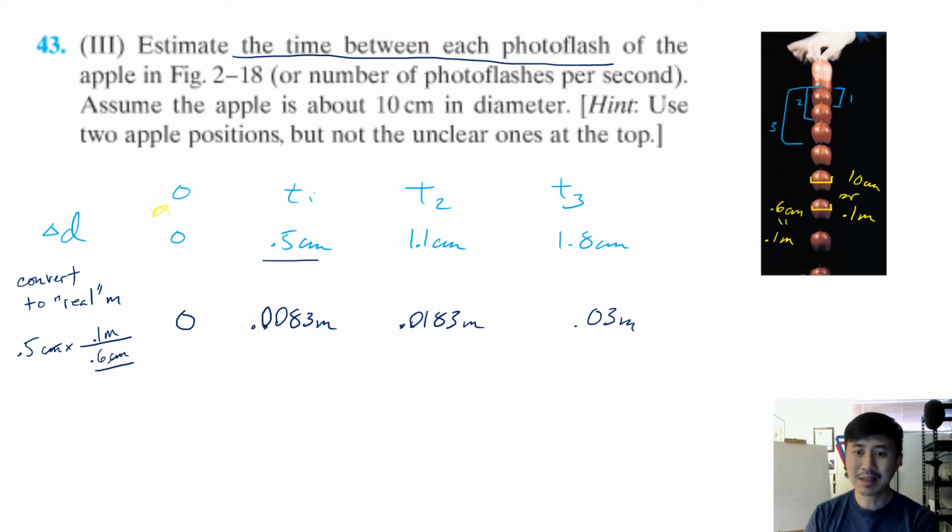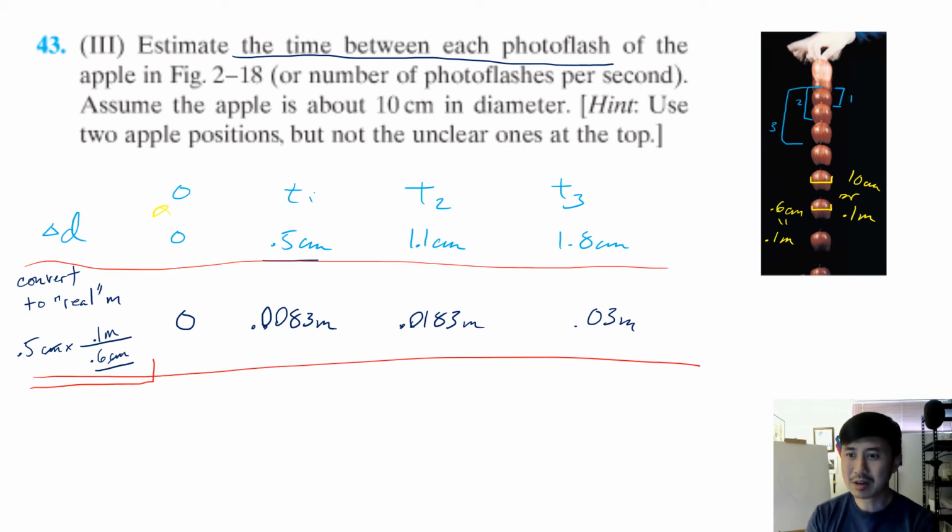Okay, the last little step. Let's divide up our steps with this red line here. Our last step is to find our t. If you recall from d = 1/2 a t squared, that means our t is equal to the square root of 2 times d divided by a. So I just plugged that in.